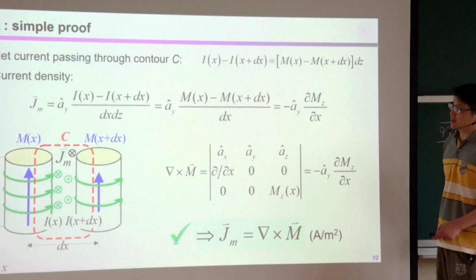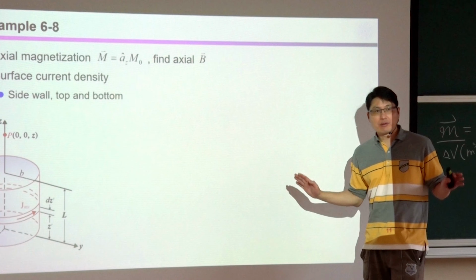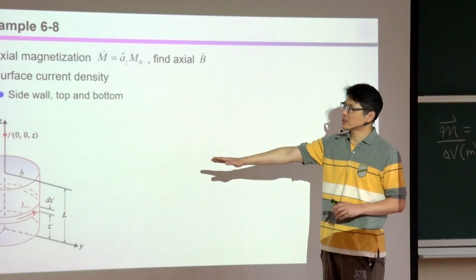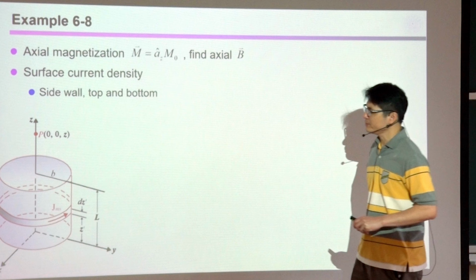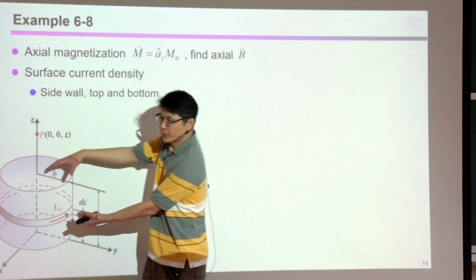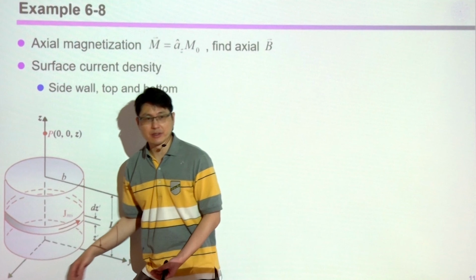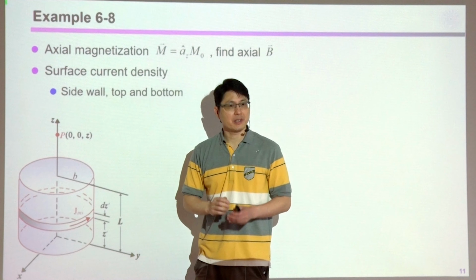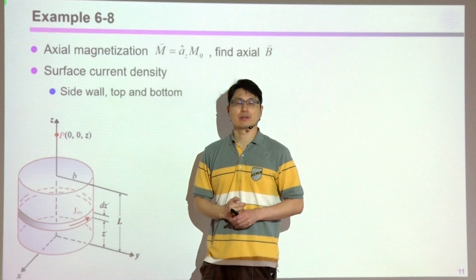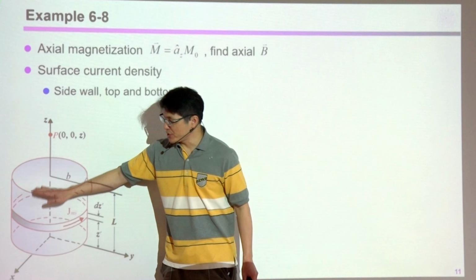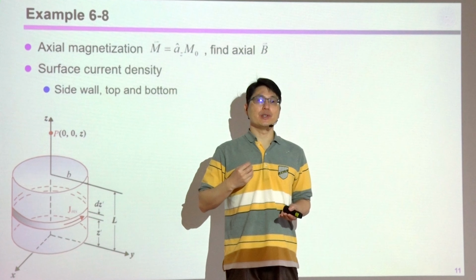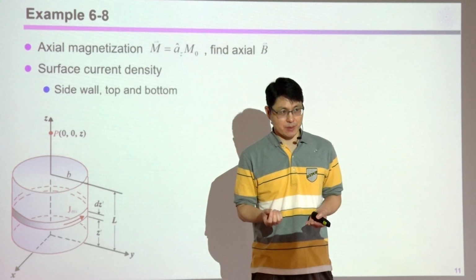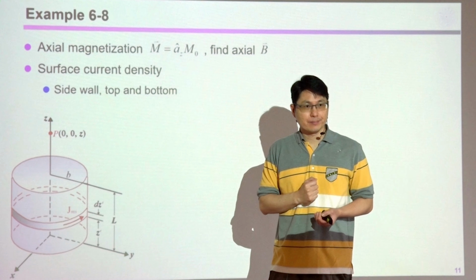Alright, so let's check. So time is well controlled. Let's take a look at one particular example. If I have a material, it's a cylinder-like material and it's magnetic. Since the geometry is cylindrical, of course, I want to use cylindrical coordinate system to describe it, right?